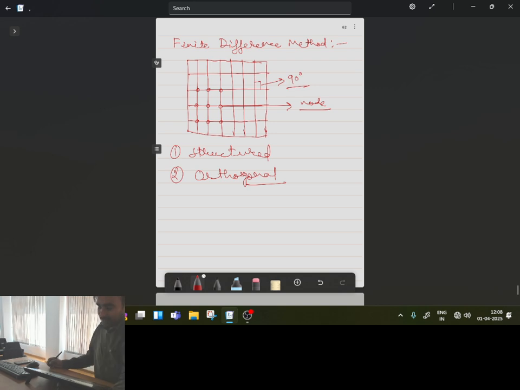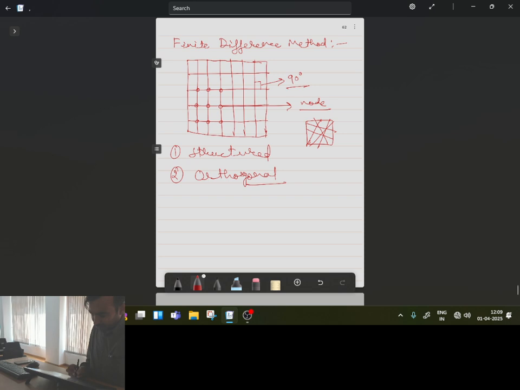Okay, another key feature of this method is that it cannot be used for unstructured elements. Say you have this type of complex situation where grids are not orthogonal, and also the structure is very complicated. So this type of unstructured arrangement cannot be used.